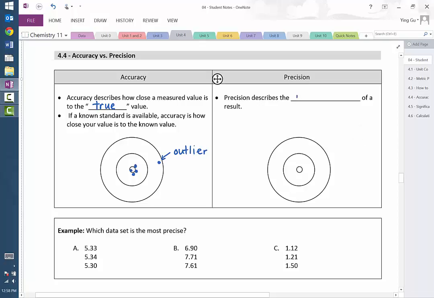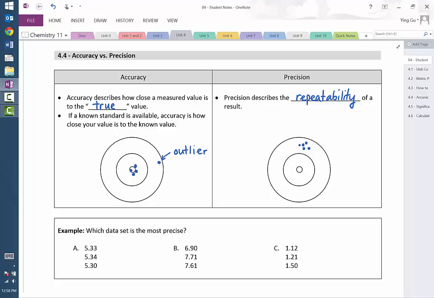Precision describes the repeatability of a result. For example, if you have 5 darts, okay, and you hit all 5 darts somewhere away from the middle, but all 5 darts were very, very close together, we would say that you are a very precise dart player because all 5 of your shots consistently hit the same area.